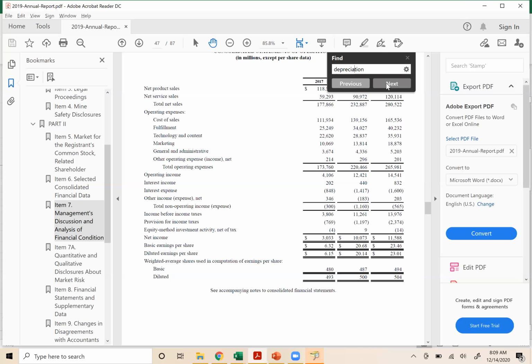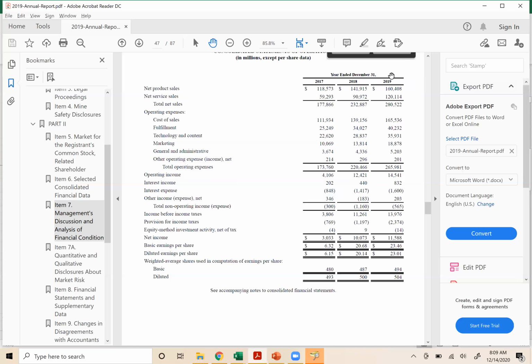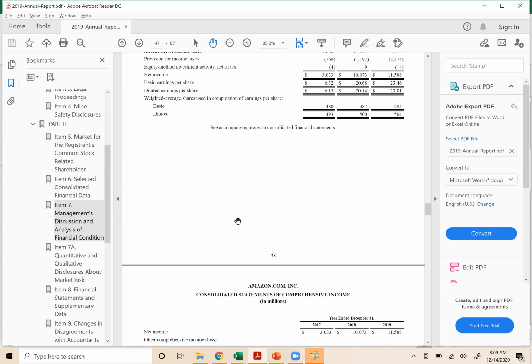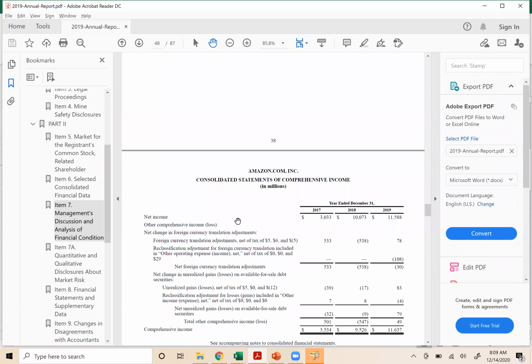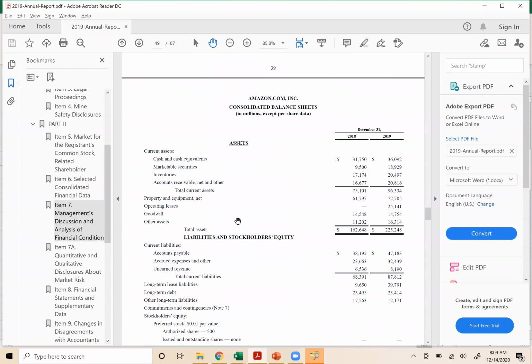It says no matches. No, but I know that's not true. I don't know if it's this version of Adobe that I have. It just sounds crazy, but it cannot. Maybe these tables have been put in as pictures. Well, it can't even find it in the notes. The searching has been very difficult, so I had to go through the daunting task of just scrolling through.